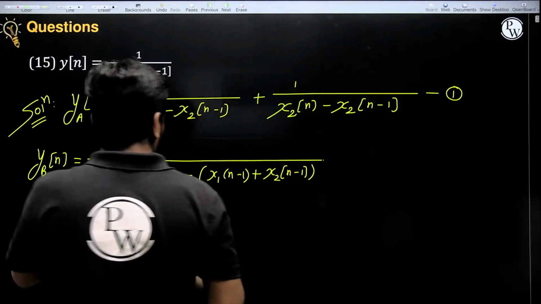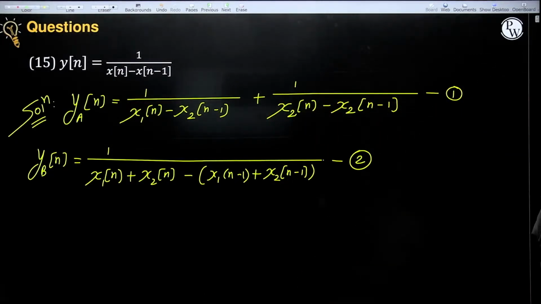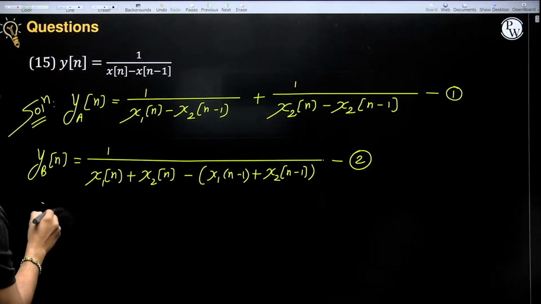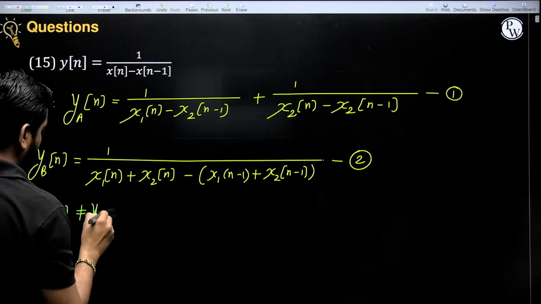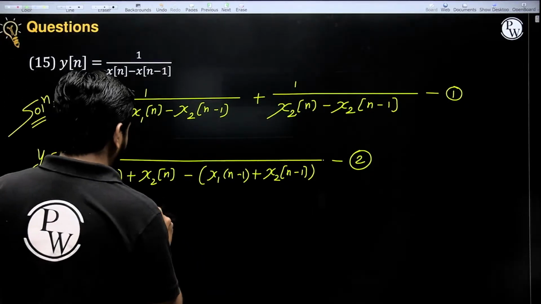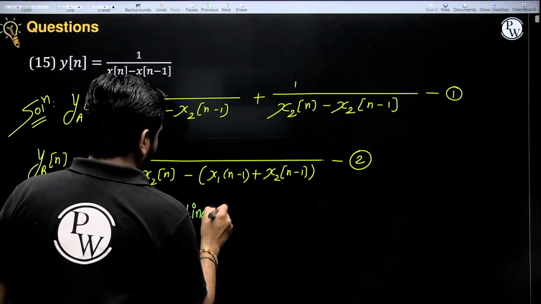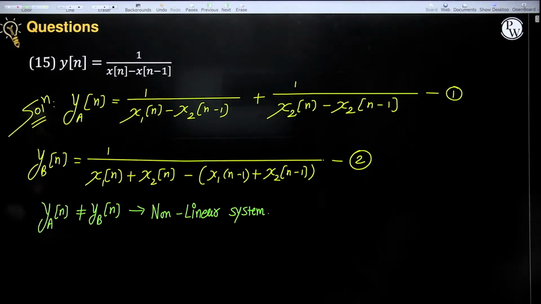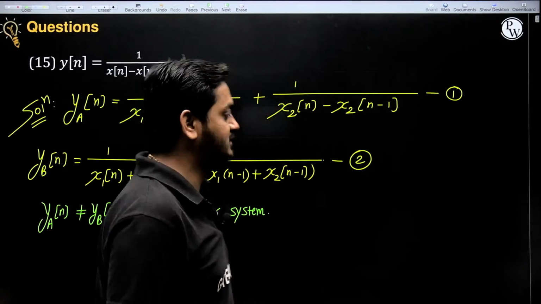Okay, so you can see here both are not the same. 1 is not equal to 2. That's why it is a non-linear system. Correct? Here ya of n is not equal to yb of n. So the system is said to be non-linear. Fine. Still clear? It's a non-linear system.